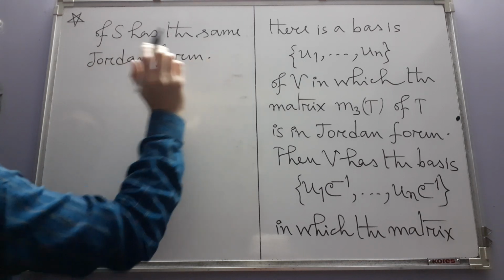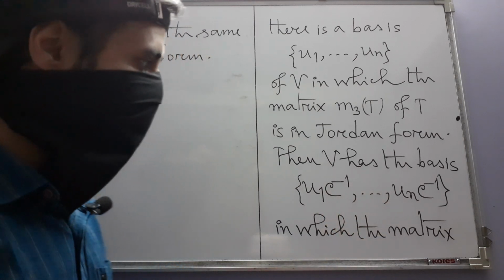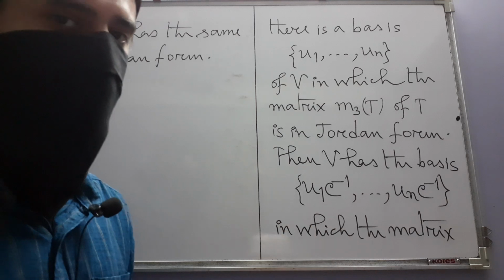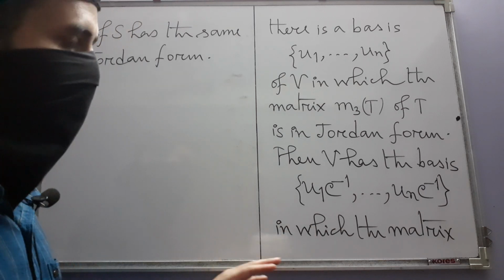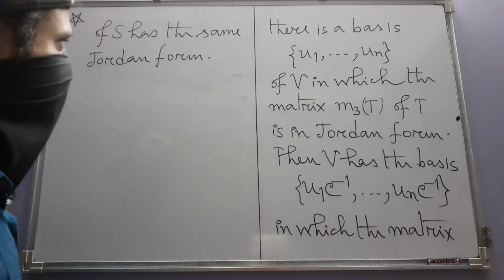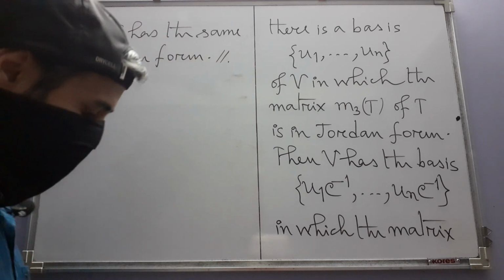To put it more simply, in this basis, if you find the matrix of S, then that will just be this M3 of T. But then that is the other half of the claim, the converse part. So here the solution ends.